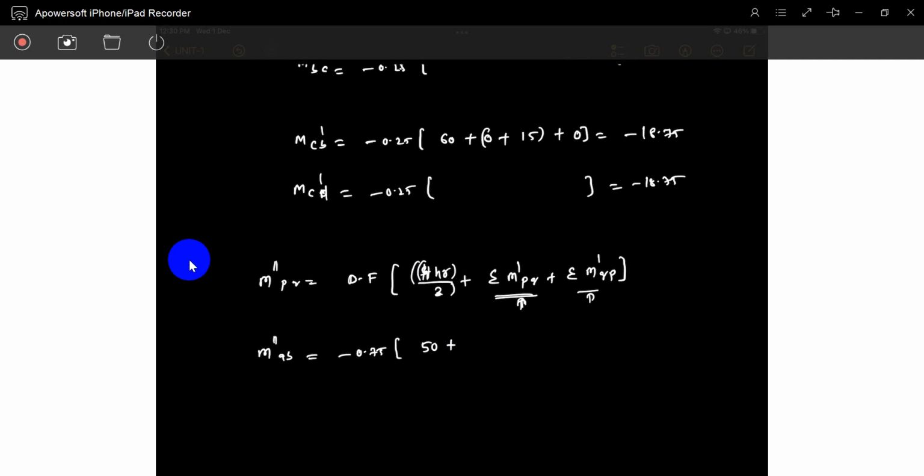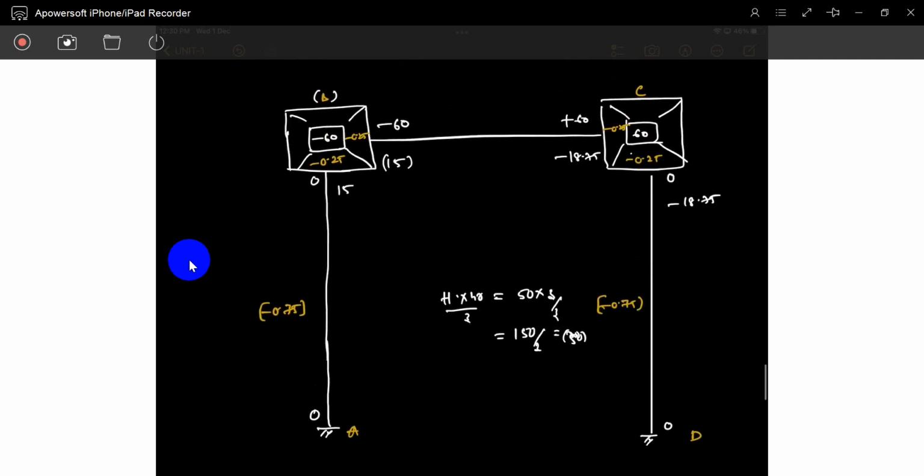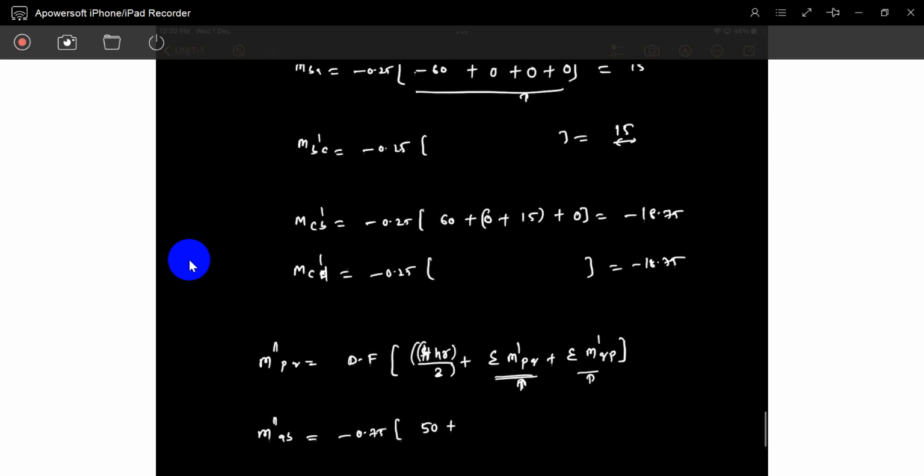So what is this column, sir? For this, see, rotational contributions of AB, DC, if anything, EF, plus rotational contributions of BA, CD, not CB, BC, for only the columns AB, DC, and EF. That is the one sum, and another sum is BA, CD. These are the sums.